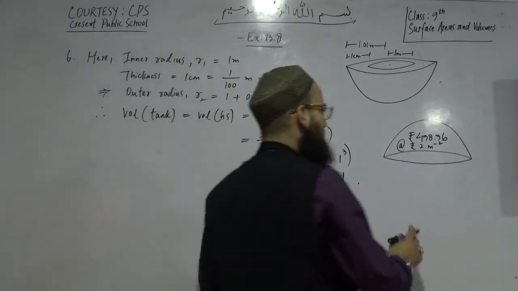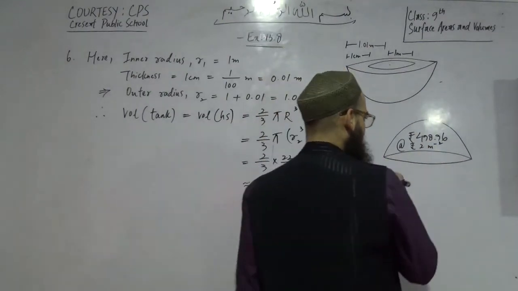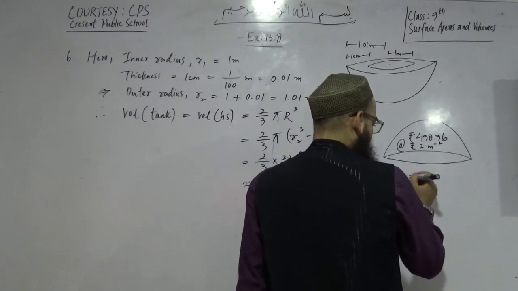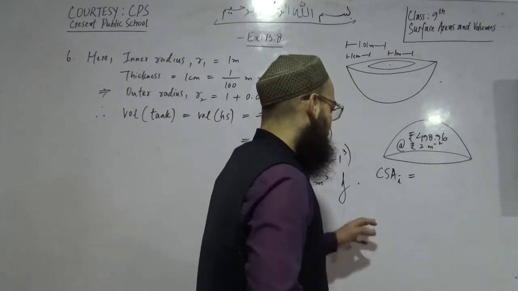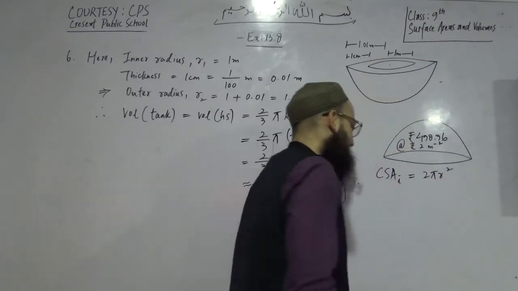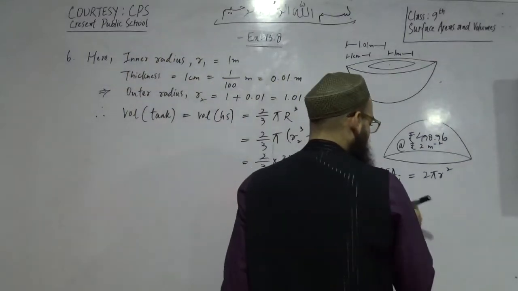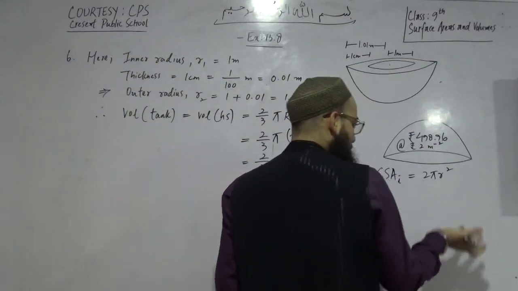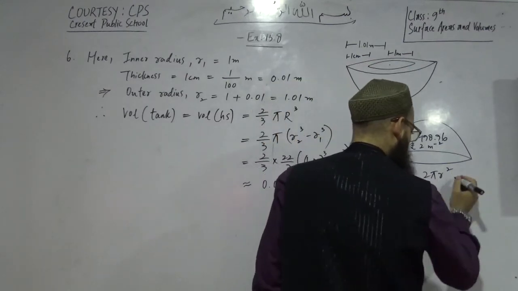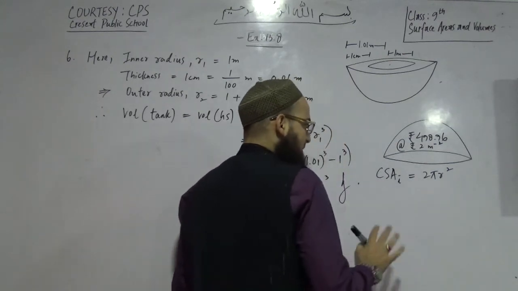Now simply you can do one thing. Go with the inner curved surface area. Inner curved surface area of this hemisphere is 2 pi r square. You don't know the radius, so keep it like this.